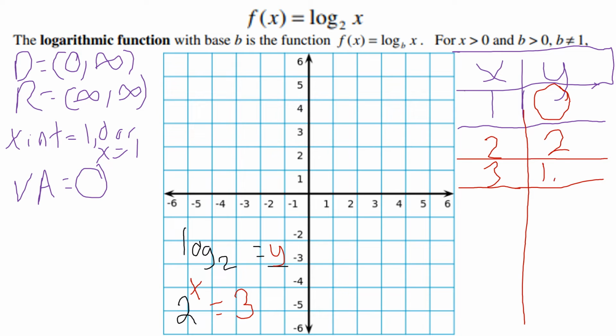I don't know the details of it, but I know it's 1.5 because if I was to go to 4, which I said I was going to stop at 3, but 4, because I know how to work 4. So 2 to what power gives me 4? 2 to the power of 2 gives me 4.